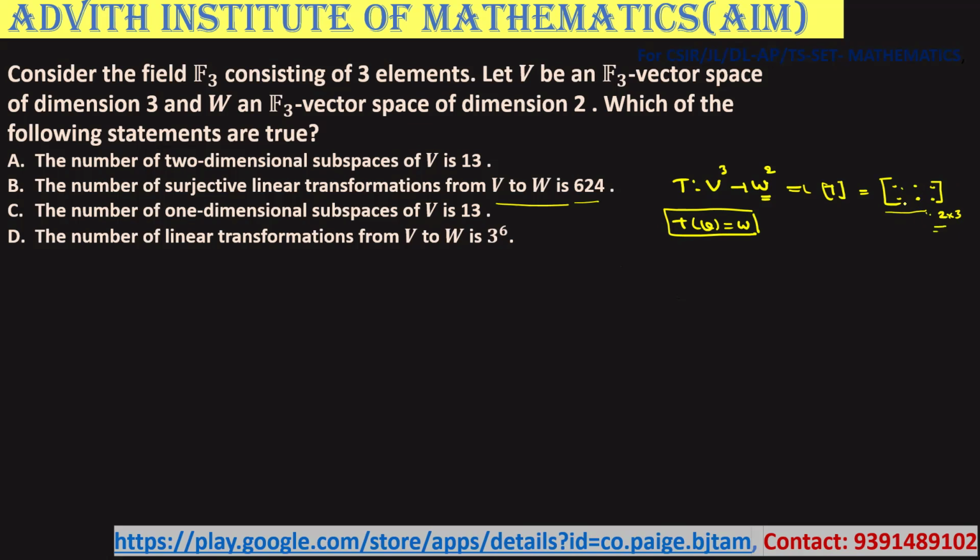That means row 1 and row 2 form a linearly independent set, right sir? But the entries in row 1 and row 2 are from F3, right? So row 1 and row 2 must form a linearly independent set.